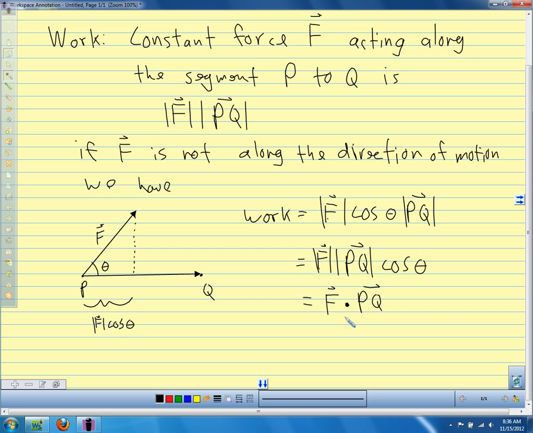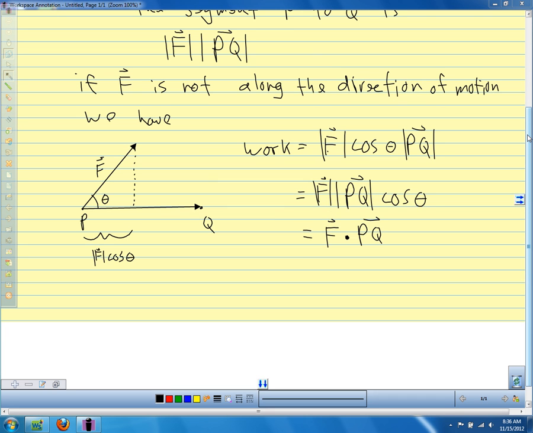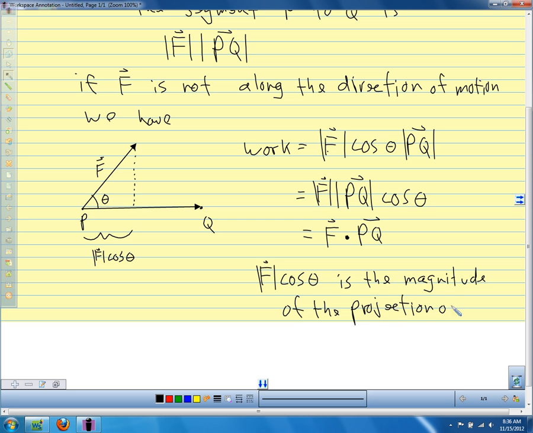The other way that we can think about this, just because we've talked about projections now: the magnitude of F times the cosine of theta is the magnitude of the projection of F onto PQ. So that's just the magnitude of that vector projection.